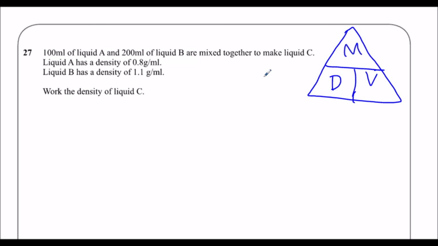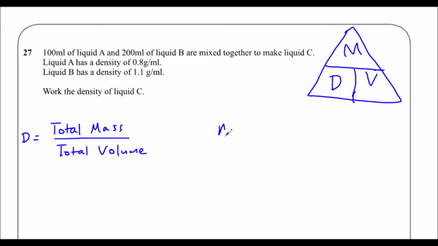So when we're mixing the two liquids together, we're going to have total mass divided by total volume to find density of liquid C. So do we know the mass? We don't know the mass, so we're going to work out the mass. So for A, mass is density times volume.